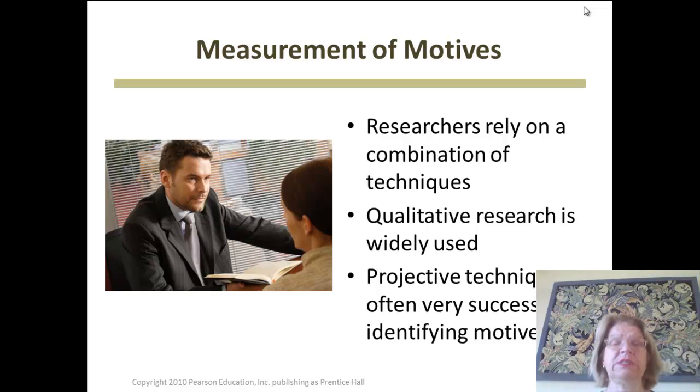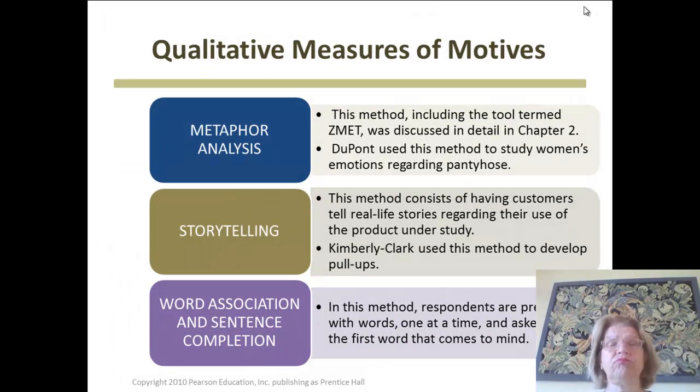The following slide will summarize some projective techniques. The metaphor analysis, storytelling, and word associations and sentence completion.